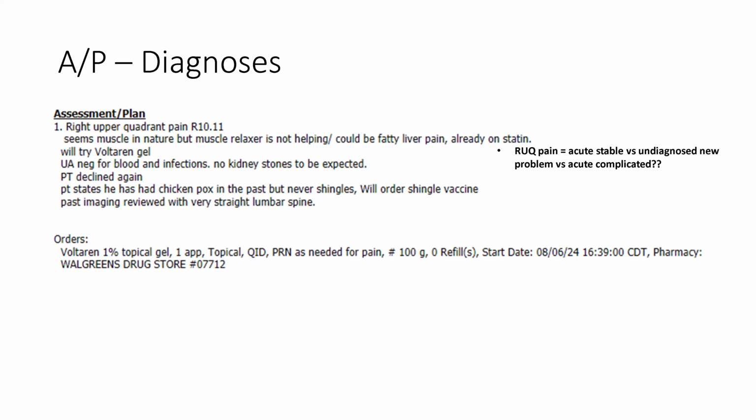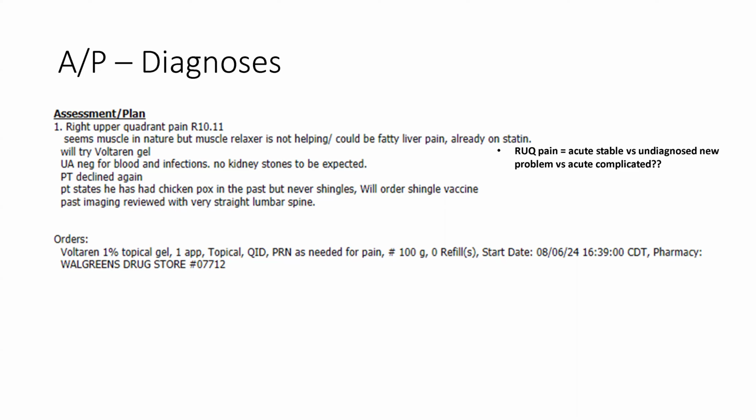Then you could have a chronic, potentially unstable problem that suddenly changes your entire dynamic of what this looks like. They're already on a statin. So you've even addressed what they're doing for the fatty liver. At worst, you've got a chronic stable problem and you've addressed it, but it's not really put in there as a true diagnosis. I don't know how you count that.